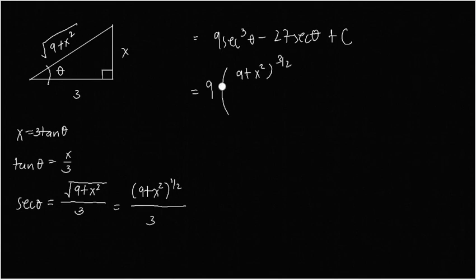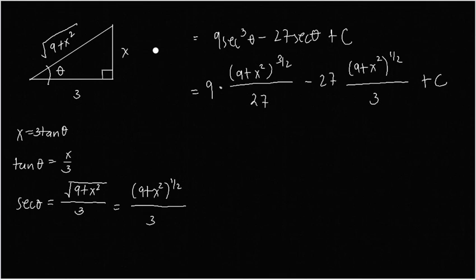Let's fix our parenthesis. Divided by 3 cube, which is 27. Minus 27 times secant of theta, which is 9 plus x squared raised to 1/2 divided by 3 plus c.